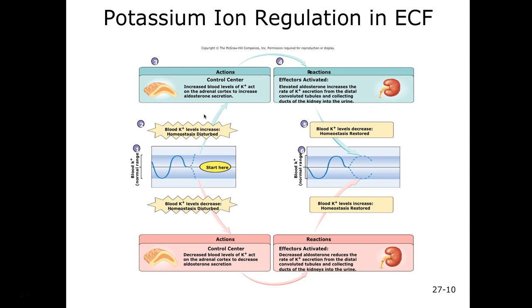We call upon our adrenal cortex to secrete aldosterone. And when it does that, we go over to our kidney in the distal convoluted tubules and collecting ducts to tell it to use its sodium-potassium pump to reabsorb sodium, but we take that potassium and excrete it within our urine, and that will help bring those levels back down so we can reach homeostasis again.